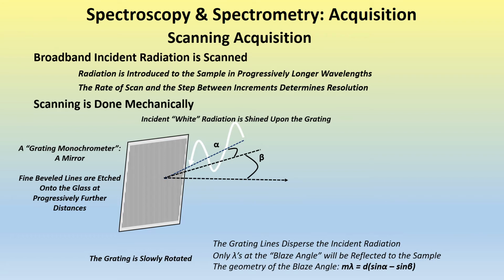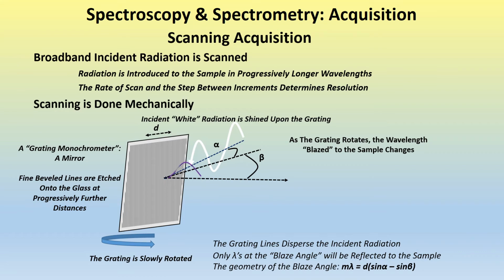D is the spacing between each of the incident etched lines. As the grating rotates, the wavelength blazed to the sample changes from purple through red.